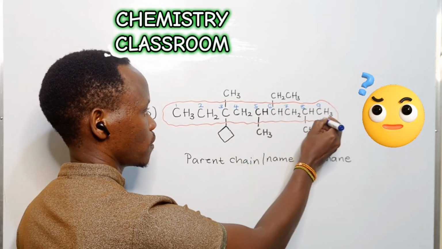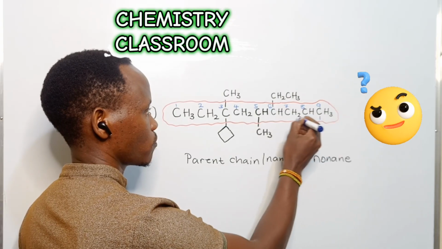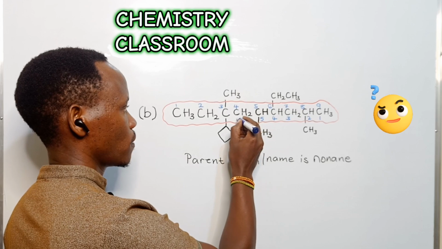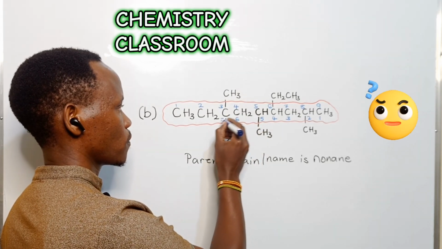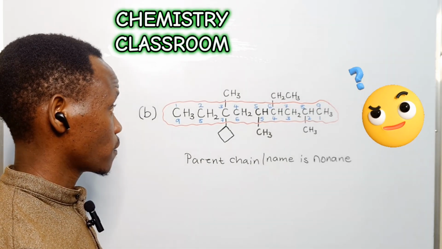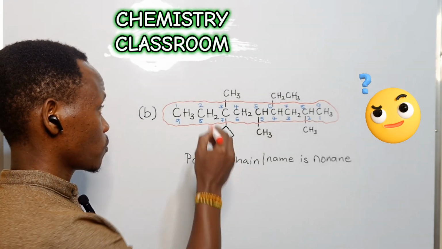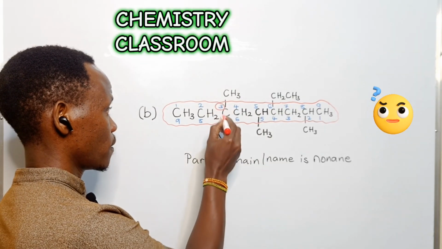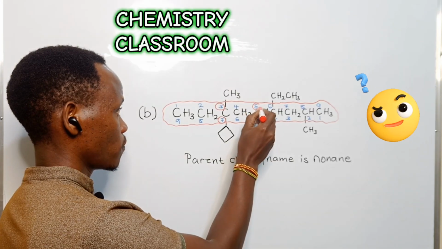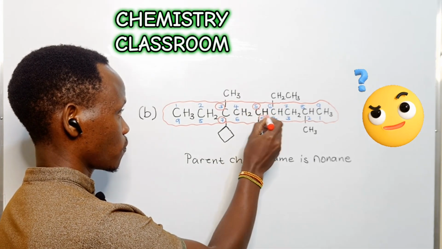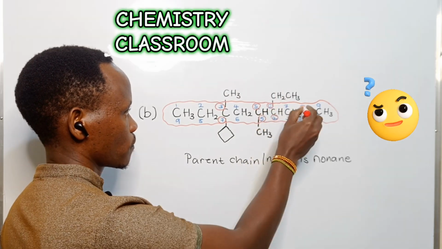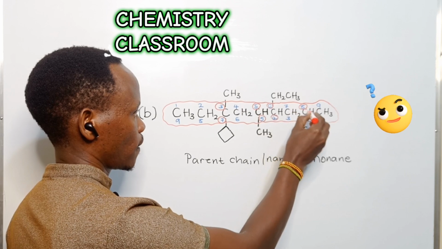Then coming backwards, this is number 1, number 2, 3, 4, 5, 6, 7, 8, 9. Now from the numbers that we have assigned there, the numbers of consideration are 3, then also 7, and then 5, and in that case also 5, and there is 4 and 6, and finally 8.